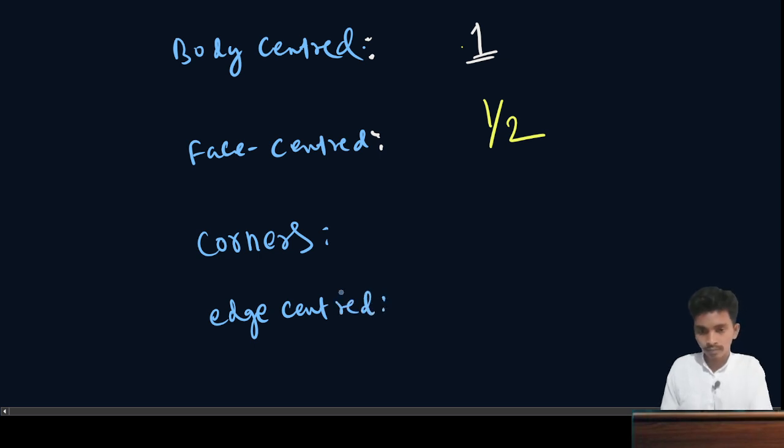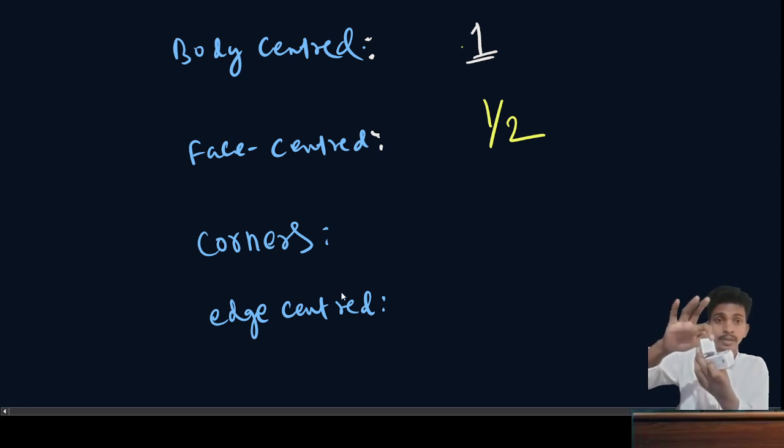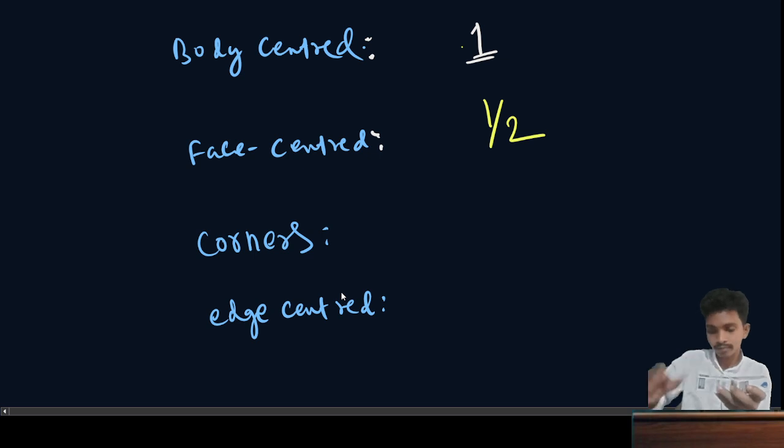Now if the lattice point is present at the corners of the unit cell, to cover this corner I take 1 unit cell, still it is visible, then I take another one, still it is there. If I take another one, the corner is still there.